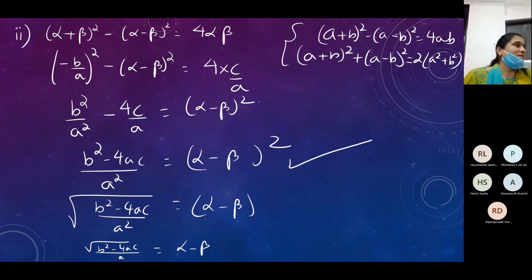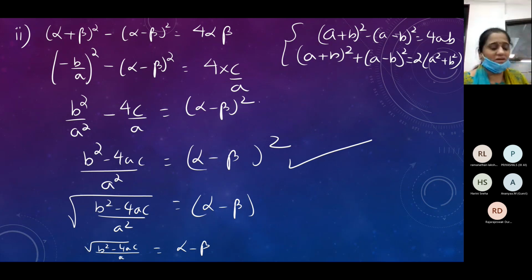Nandini, which identity? Pass the book. Alpha minus beta the whole square is equal to okay.